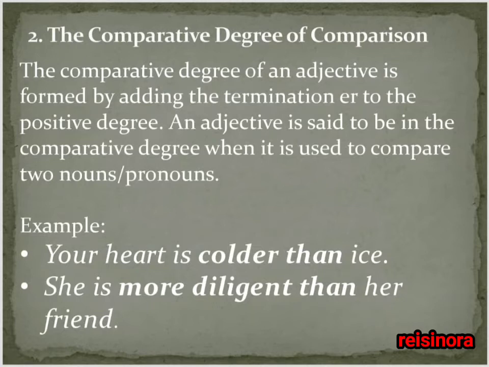And then an adjective is said to be in the comparative degree ketika kita membandingkan dua hal, itu kita menggunakan comparative degree ini. Dua benda atau dua orang. So let's see the example here. Your heart is colder than ice.